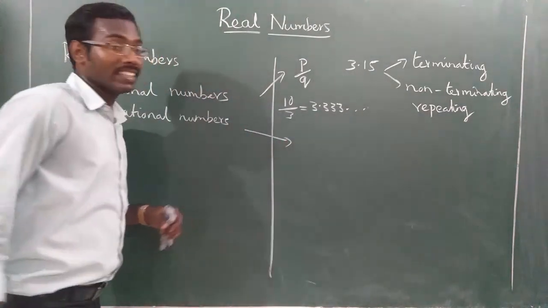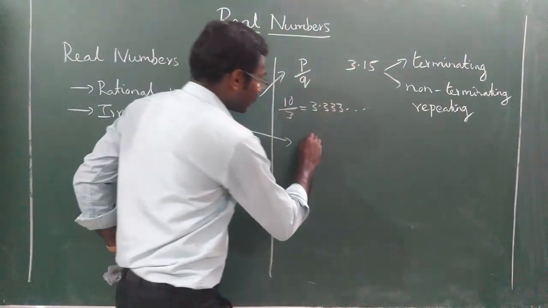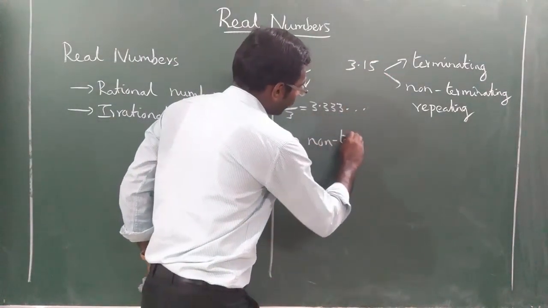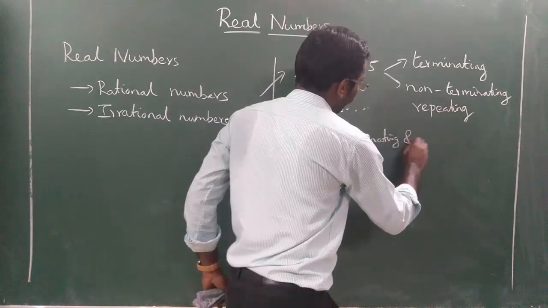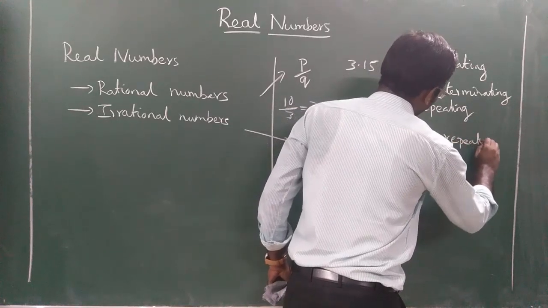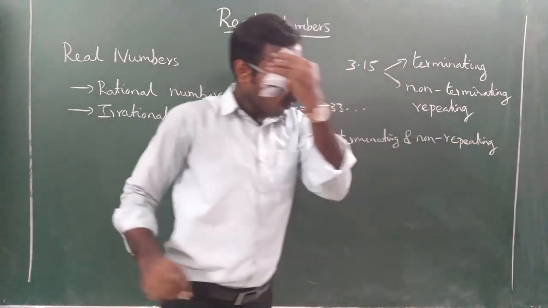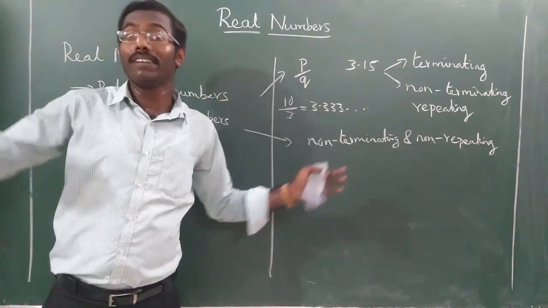Then what about irrational number? Irrational number is a number where in the decimal it is non-terminating and non-repeating. That is, the number won't terminate, and at the same time, it won't repeat also.